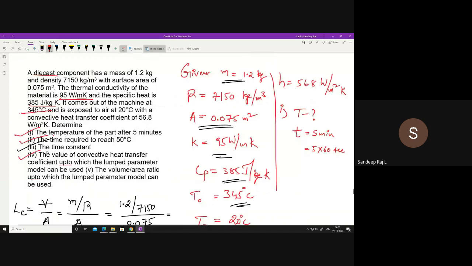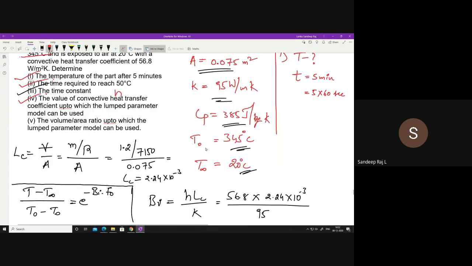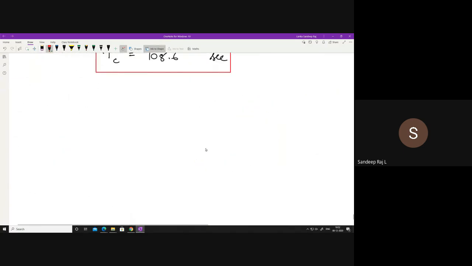Let's move on to the fourth question. The fourth question asks for the value of the convective heat transfer coefficient, the H value, up to which the lumped parameter model can be used. Let us consider the H value unknown now.